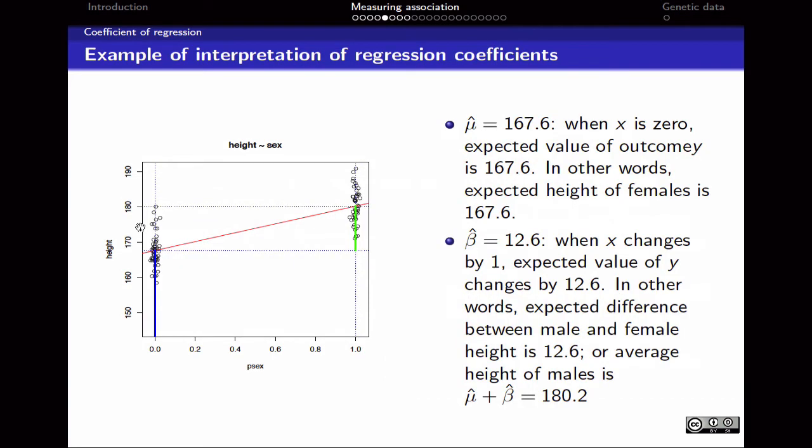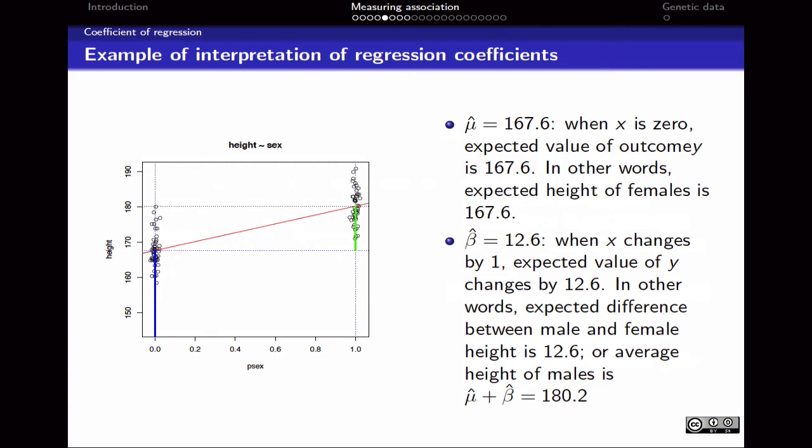The interpretation of the intercept is that when x is 0, this is the expected value of the outcome. In other words, the expected height of females is 167.6 centimeters. And beta tells how much y changes when x changes by 1.